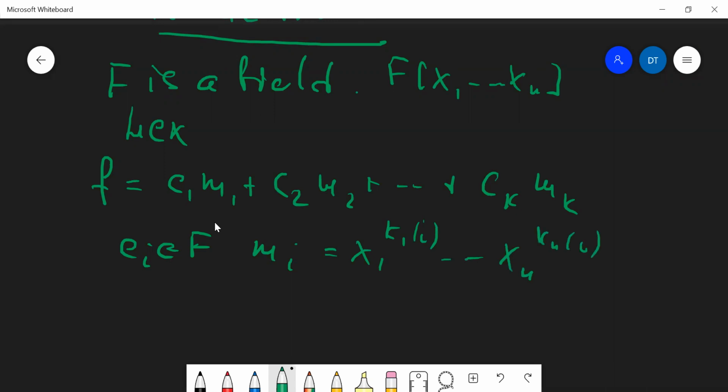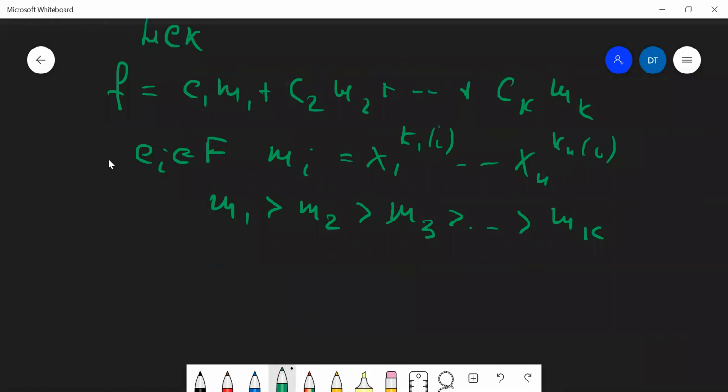And here I assume that m1 is strictly larger than m2, which is strictly larger than m3, etc., which is strictly larger than mk. So I can always write each polynomial in such a way because I have a way to compare my monomials.